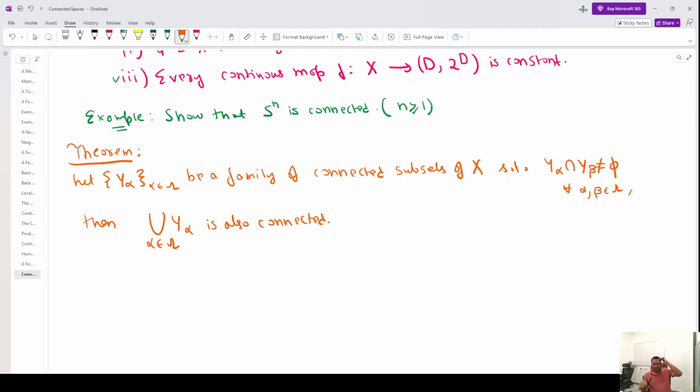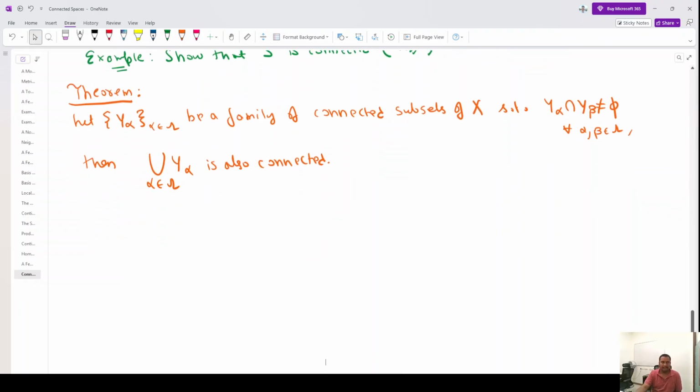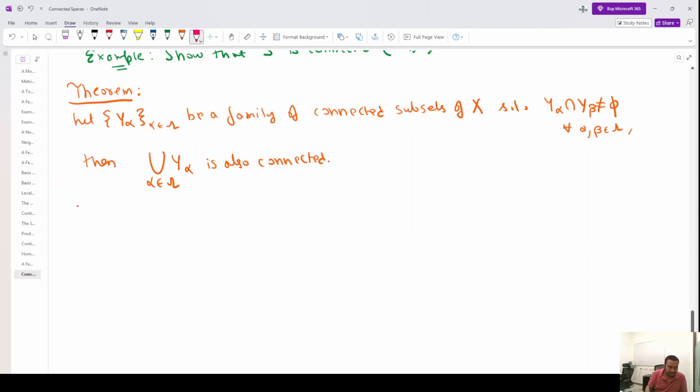Now here we will see how we can use the equivalent criteria which I have mentioned above for connectedness. So let us use the third. So to prove the third, what we can do? Let's see. Yeah, we will prove that.